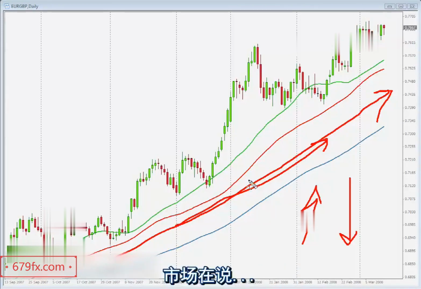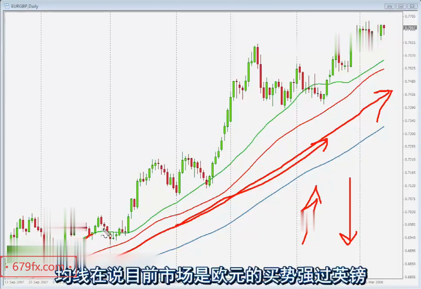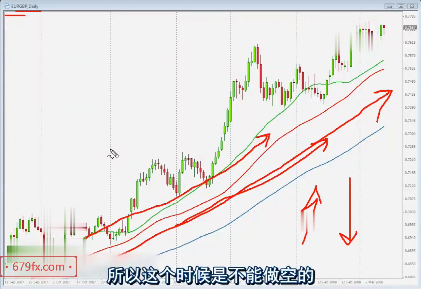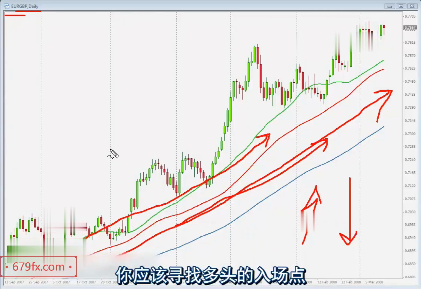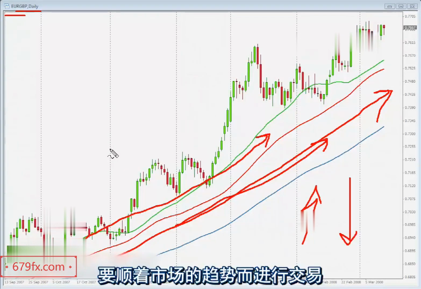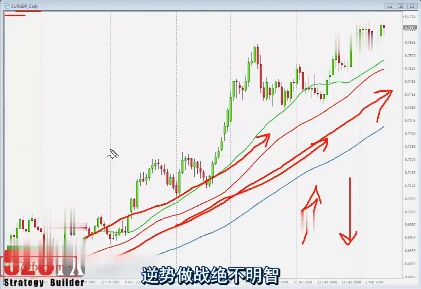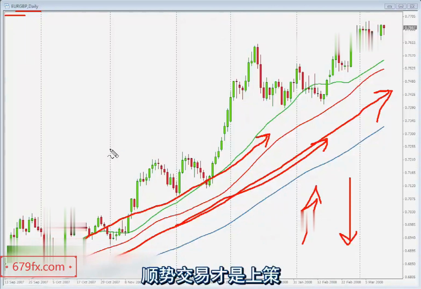The moving averages are telling you that this market is buying the euro against the sterling pound. Therefore, you don't want to be short here. You only want to be searching for long entries in the direction of the market flow. Why would you want to fight the market flow if you can swim in the direction of the flow?